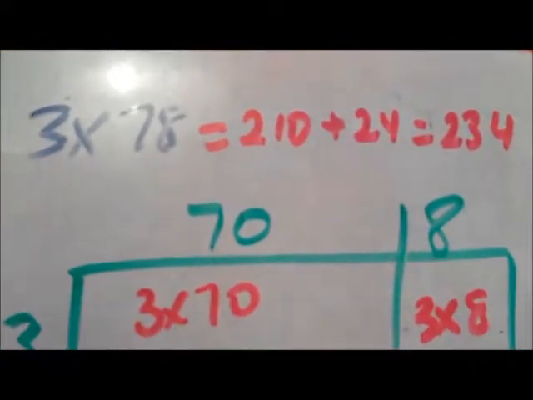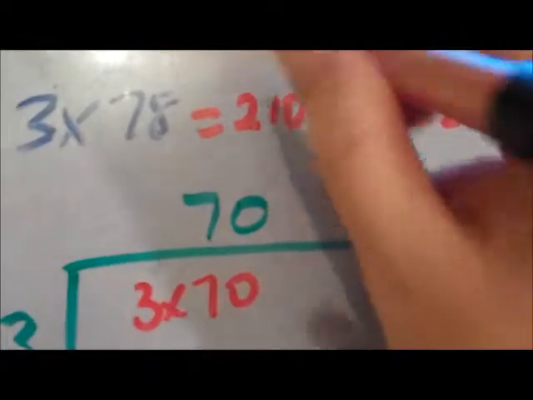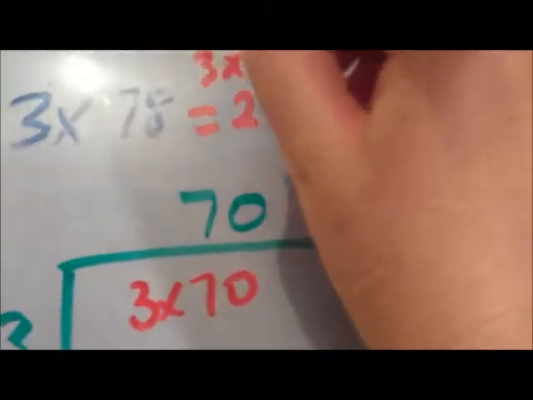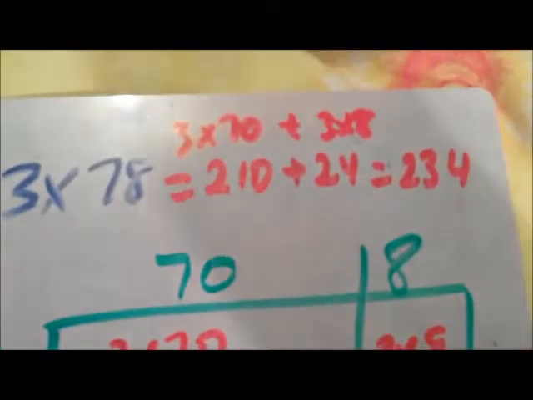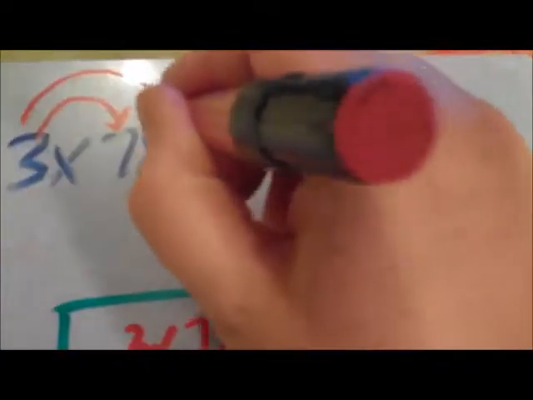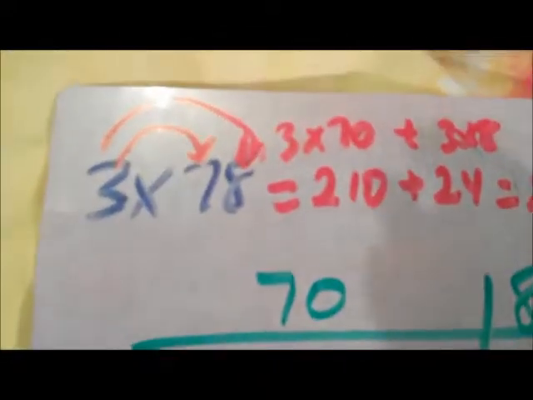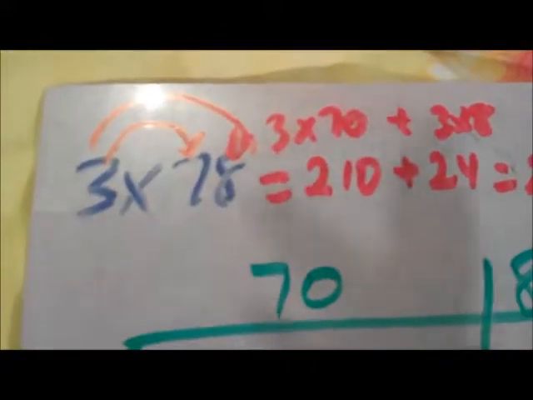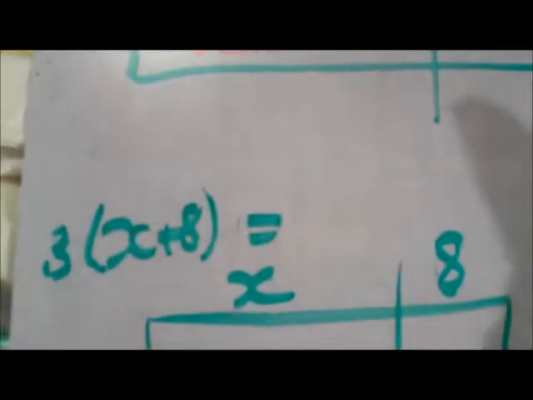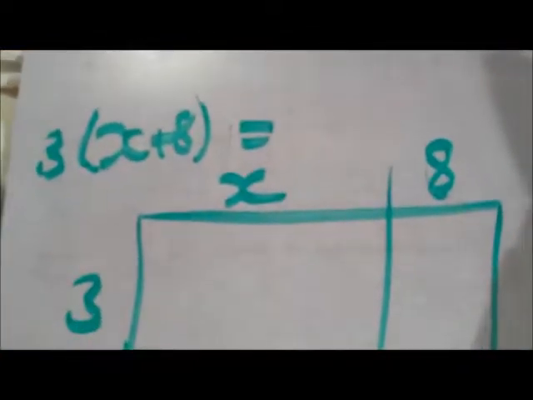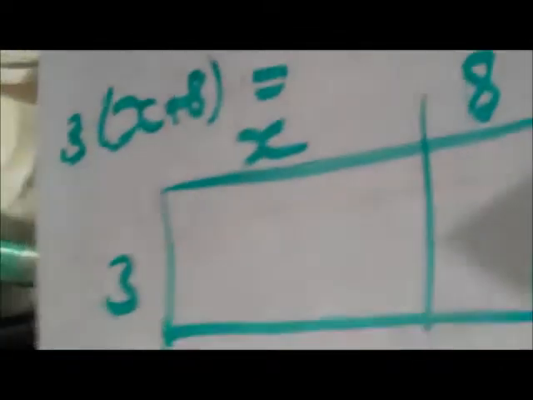So 3 lots of 78 is actually 3 lots of 70 plus 3 lots of 8. We can take that one step further and make it algebra and say, well, what's 3 lots of any number plus 8?